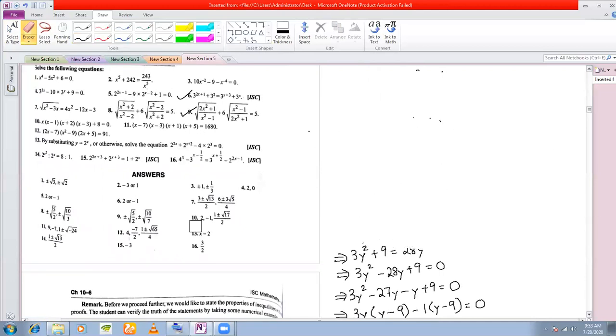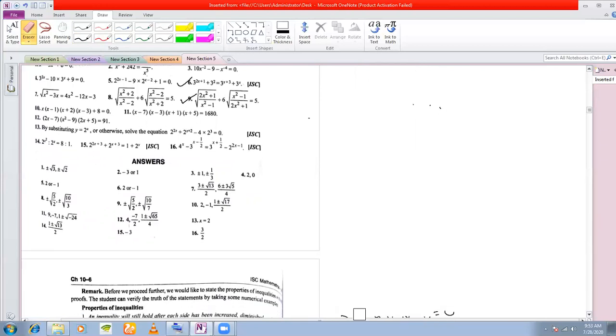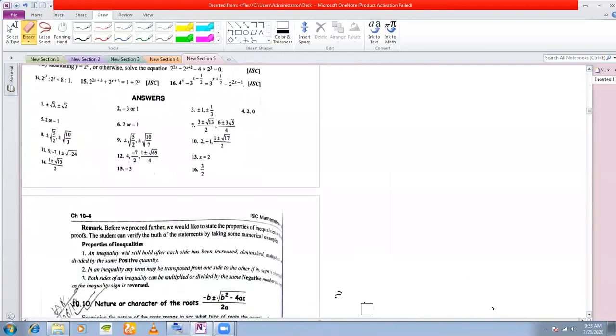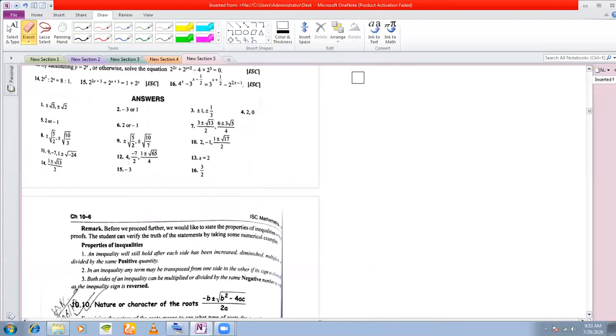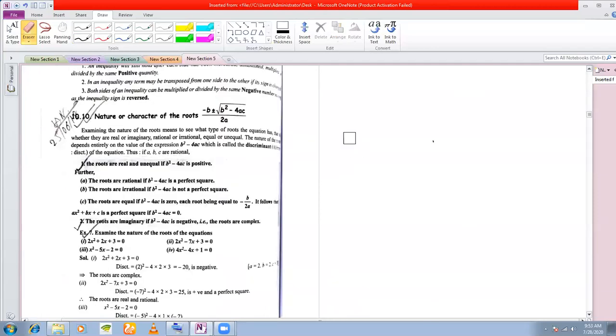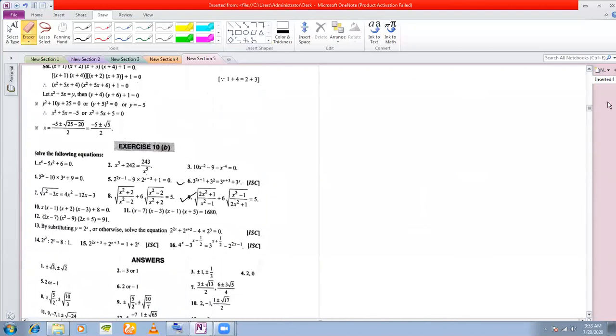But hardly do they give any solution of quadratic equation. In fact, the later parts they give more nowadays. Even if it comes, it will be only a single sum. As you know, the question papers have started coming from the board for class 11 and 9. I don't know what will happen this year, but this has already started.